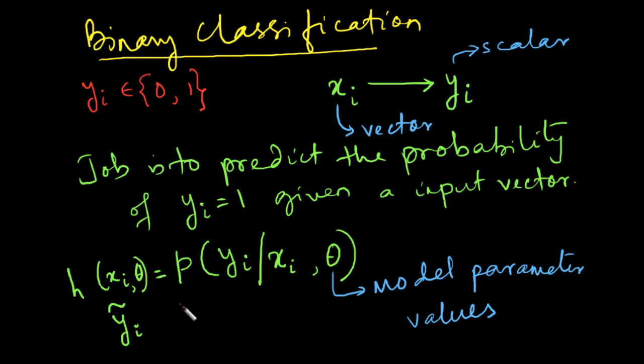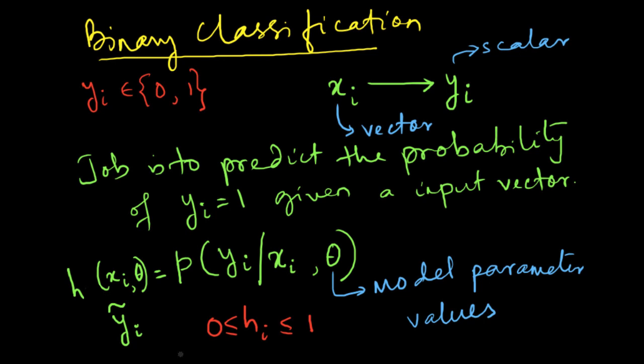Now obviously, since probability values can only be between 0 and 1, this hi should also be between 0 and 1, and we will choose a particular function in logistic regression which will ensure that this hi is always between 0 and 1.